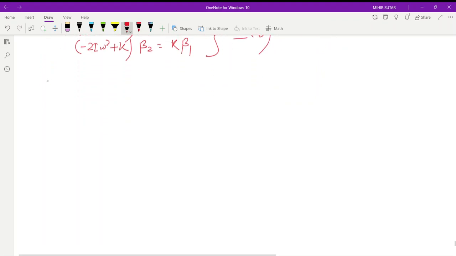Now from equation 6, we'll have two ratios of beta1 and beta2.